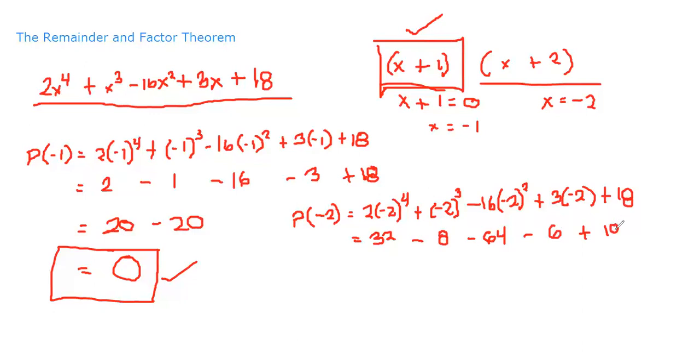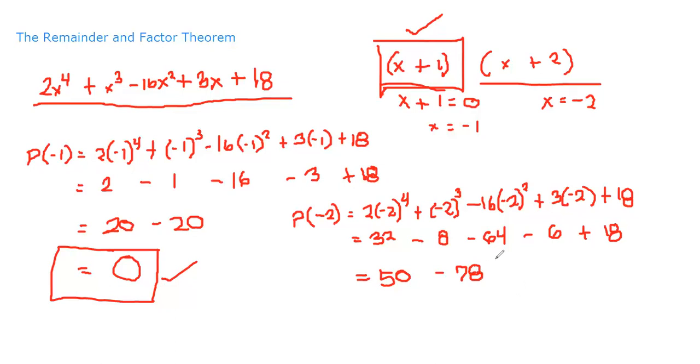So, yung ginagawa ko, I will combine all the positive numbers and combine all the negative numbers. 32 plus 18, that is 50. Diba? Tama ba? Tama naman. Then, we have here 64 plus 6, that is 70 plus 8, 78.